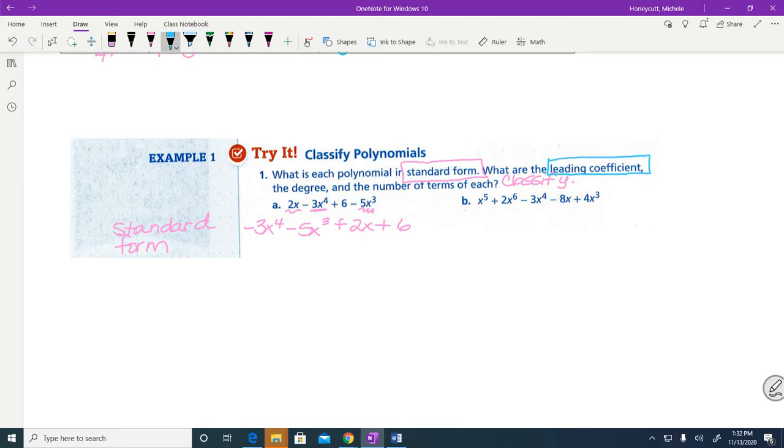The leading coefficient is the coefficient of the term with the highest variable exponent.